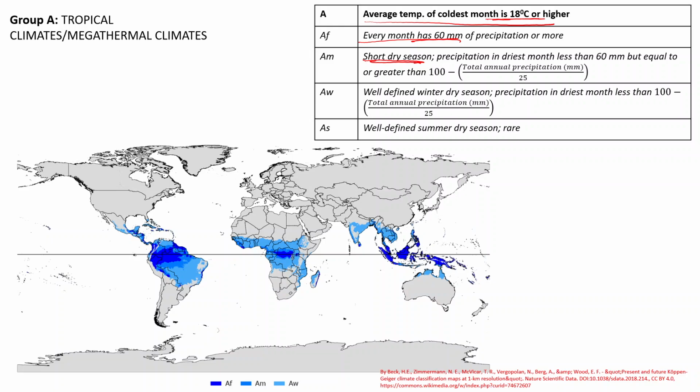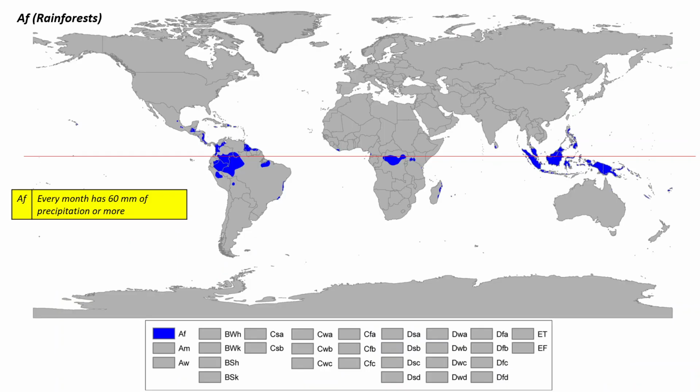This is also the region where the ITCZ fluctuates and a lot of rainfall happens over here. This is also the zone of convergence of trade winds. Plus, the warm ocean currents flow through here and they add to the moisture content. Okay. So if you look at the rainforest, every month has a precipitation of 60 millimeters or more.